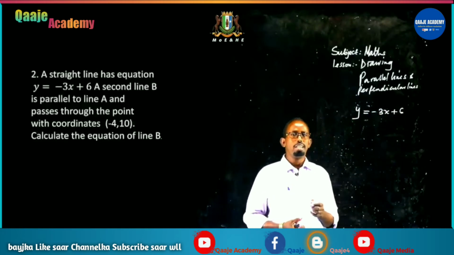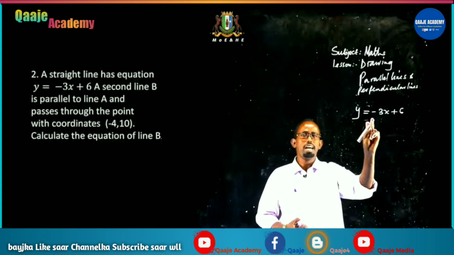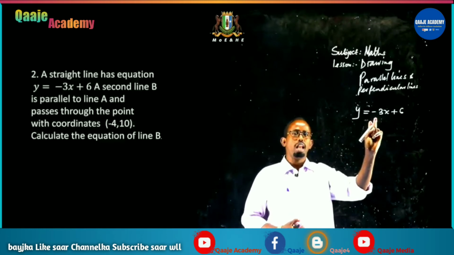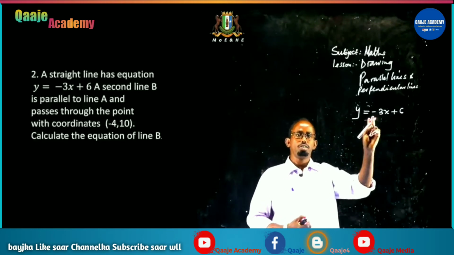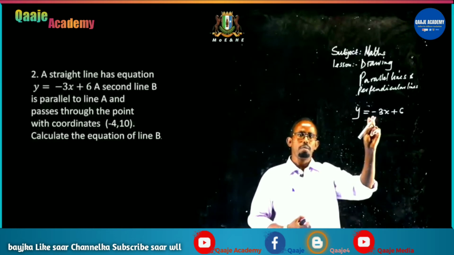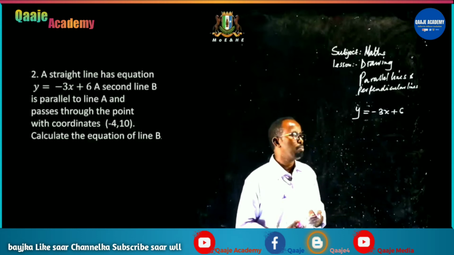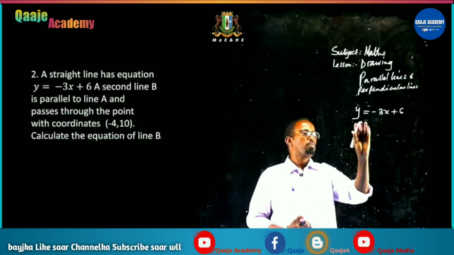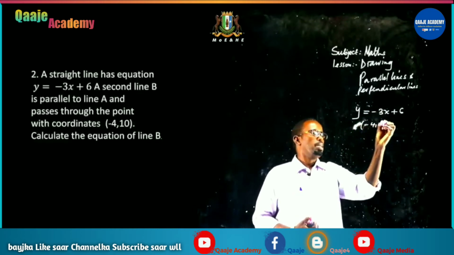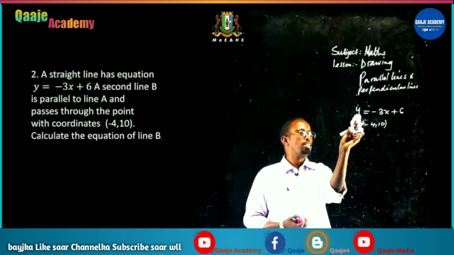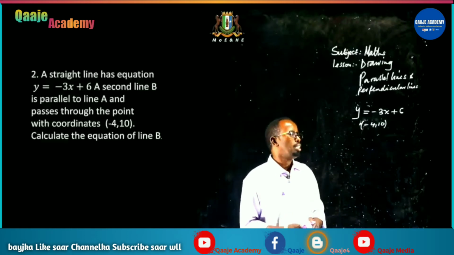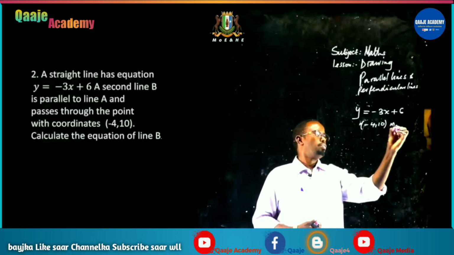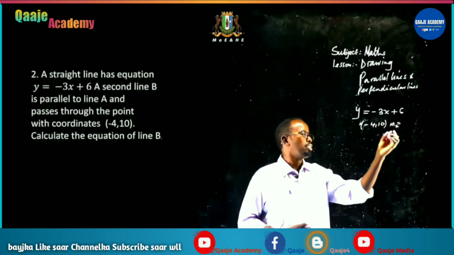A second line is parallel to this line, and this one passes through the point (minus 4, 10). Calculate the equation of line B. Since parallel lines have equal gradients, the second line must also have the same gradient as the first line, so minus 3.